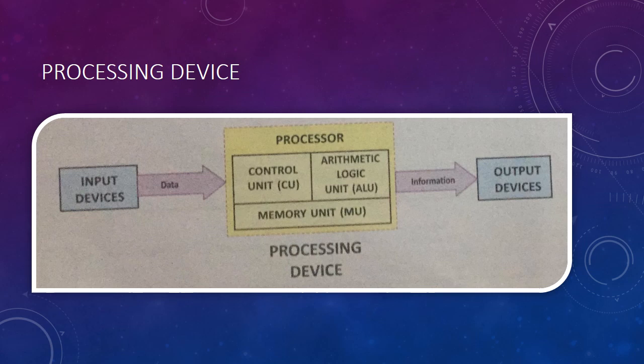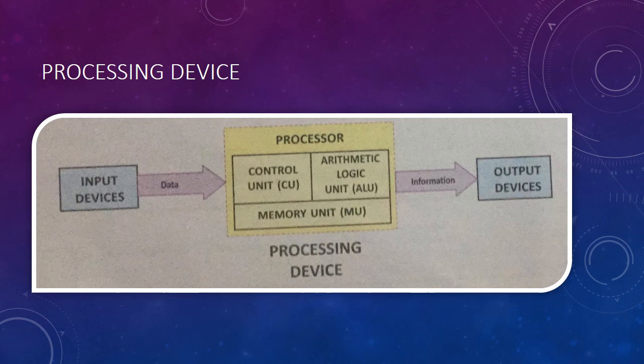This transformation happens with the help of the processor or CPU. CPU means central processing unit, also known as processor or microprocessor, and it is the processing device of the computer, also known as the brain of the computer. It performs all the calculations and processes all the data into information.